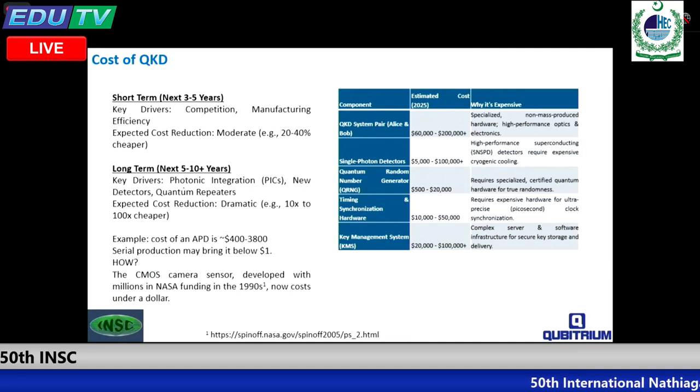So we are coming from millions of dollars to less than $1. That's 6 orders of magnitude. And how long did it take? We're talking about the 90s to the late 2010s, like 20 years, 6 orders of magnitude. So cost is not an actual concern.